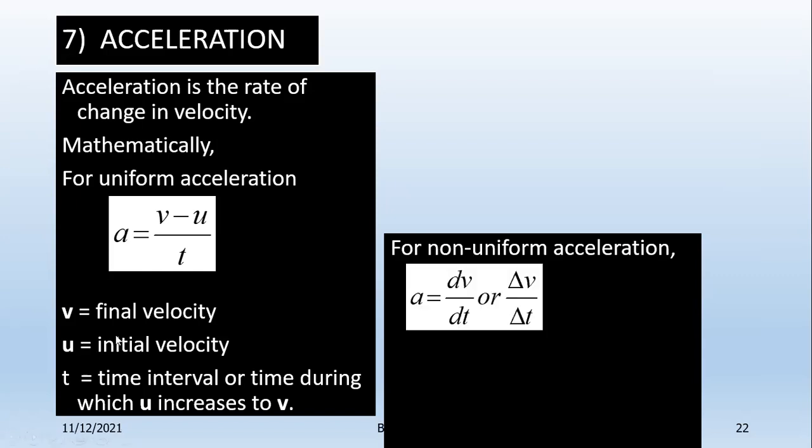For non-uniform acceleration, you cannot use this formula. You have to use calculus, dv/dt or delta v over delta t. And remember, this is a vector equation. This is velocity, this is acceleration. Time is a scalar.